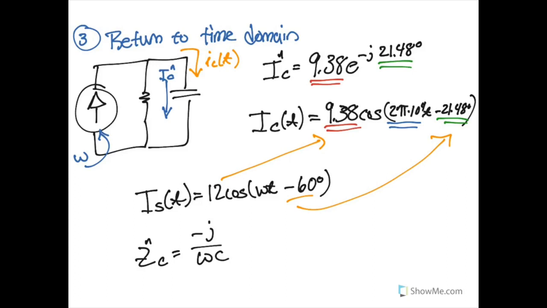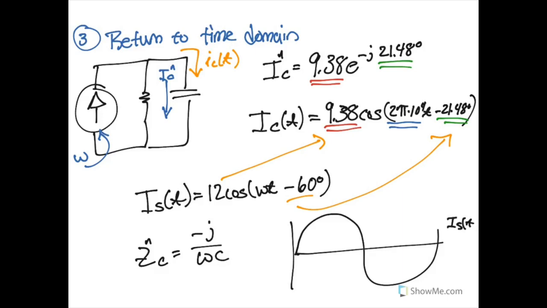It's in front of the wave. So if we drew a diagram here, and if black was our source wave, I of S, then red would be our wave through the capacitor, and it would be a little bit smaller, but a little bit ahead of the driving source wave.